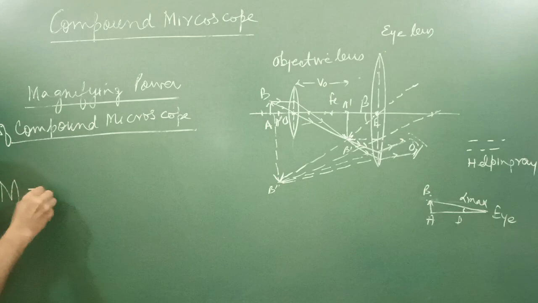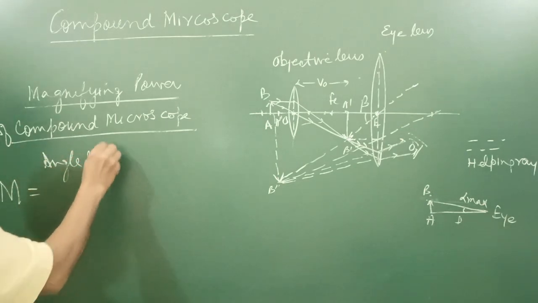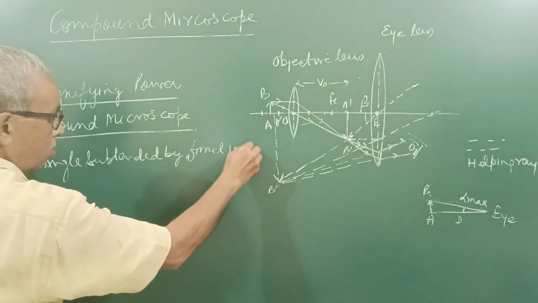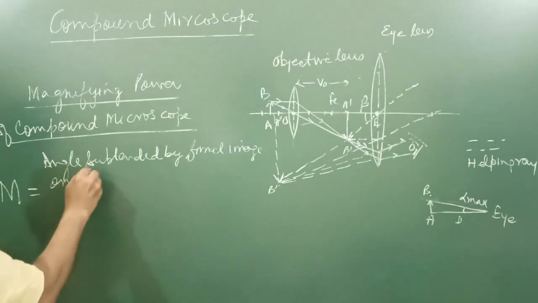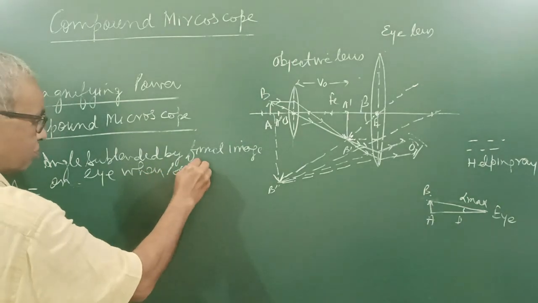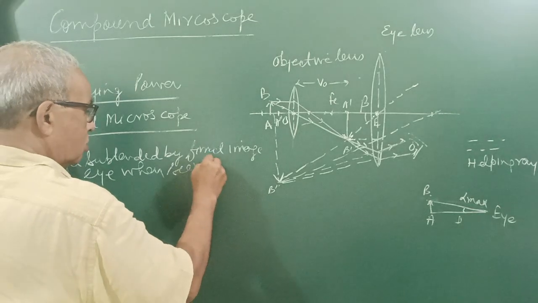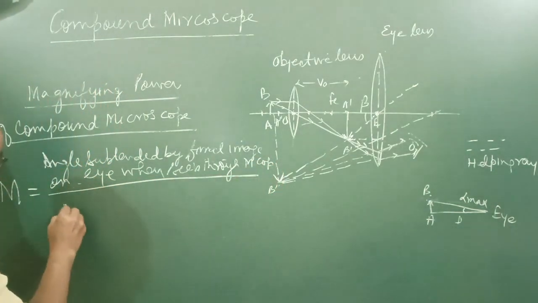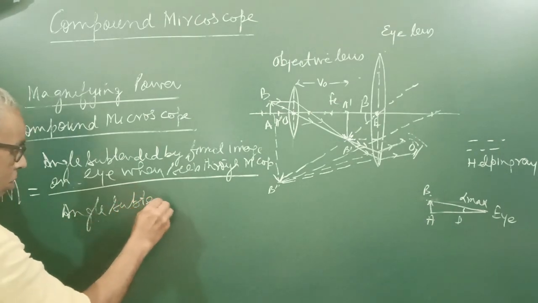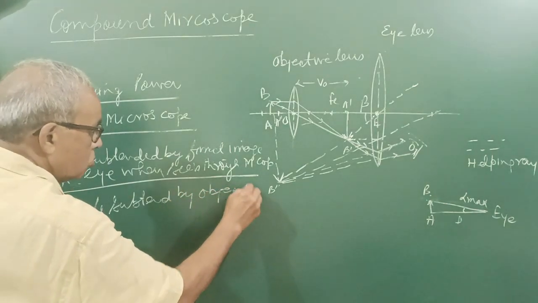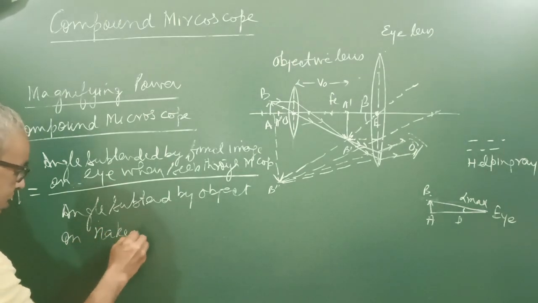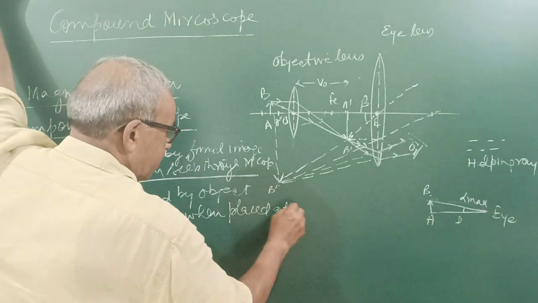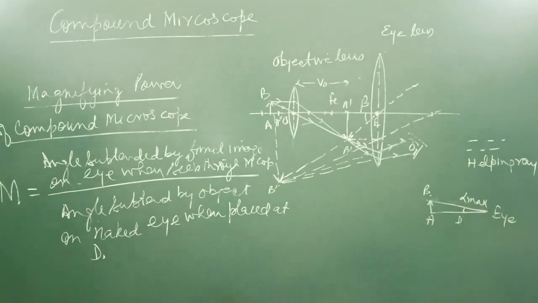We write capital M is equal to angle subtended by final image on eye when seen through microscope, divided by angle subtended by object on naked eye when placed at D, least distance of distinct vision.